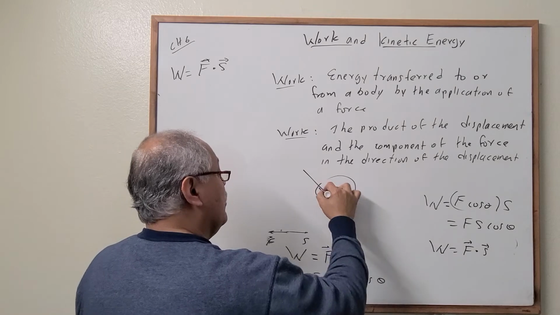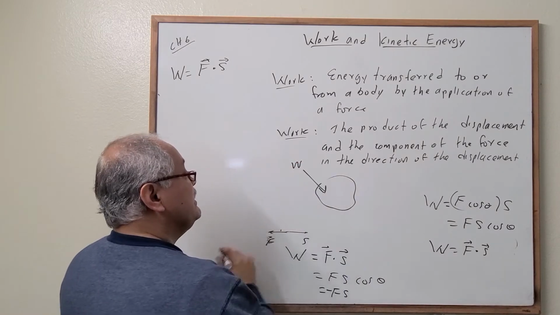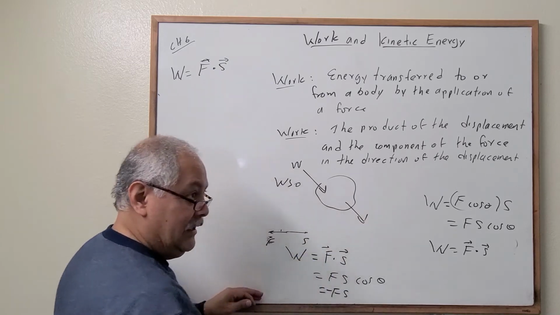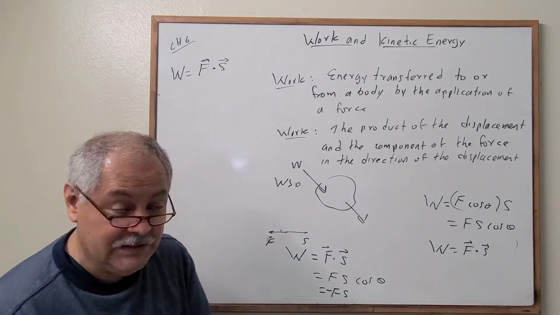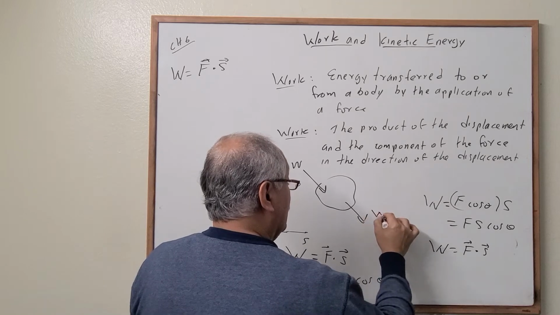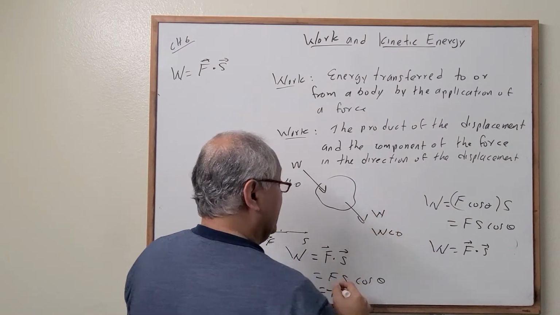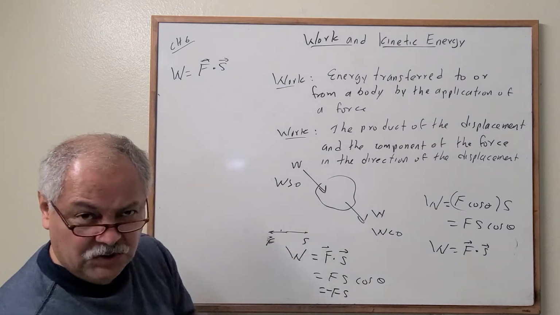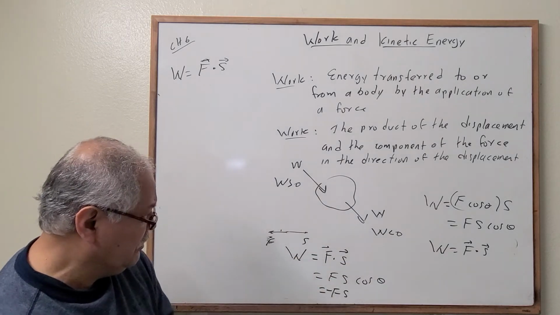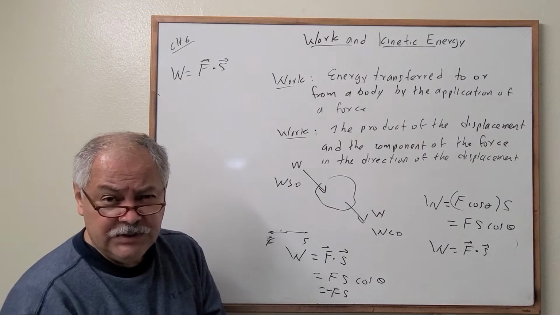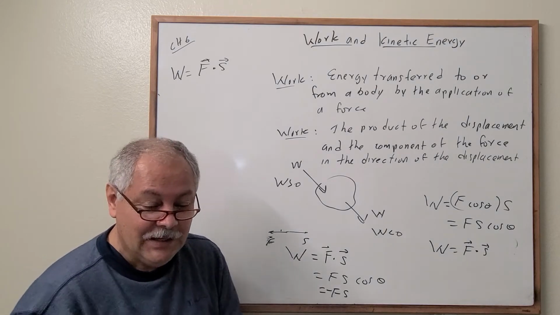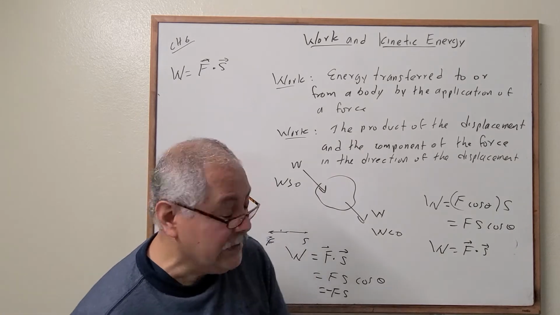We have work going into the system, so work is positive. If work, let's say, is coming out or is done by the system, correct? Work is negative. That's the convention that we use. We can change the convention, of course, but so far let's use this convention also to indicate the direction of work. Correct? Perfect.